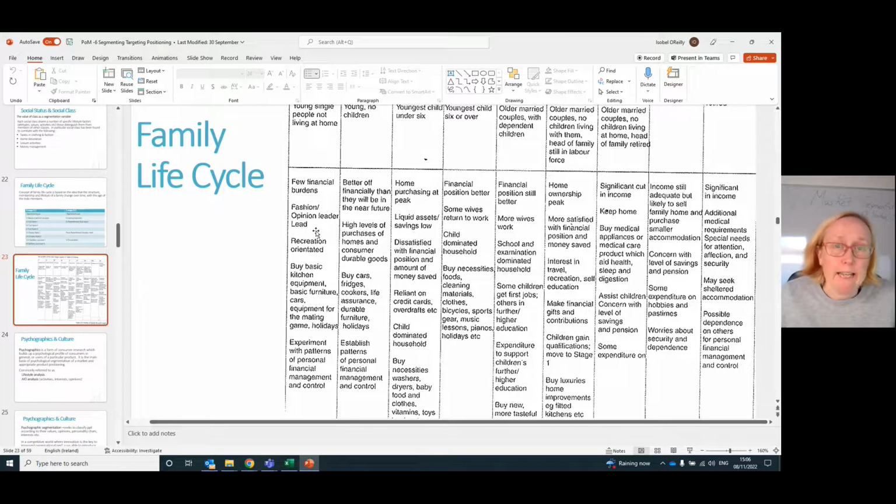Recreation oriented, again, they don't have big demands on their time. They have work and can have lots of hobbies because there's no little kids and so on, no big commitments. Their parents probably are still healthy and on average alive.